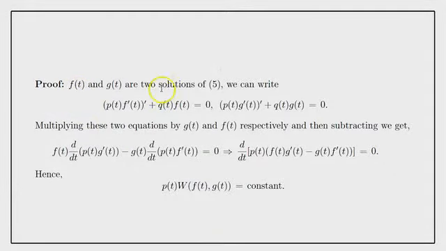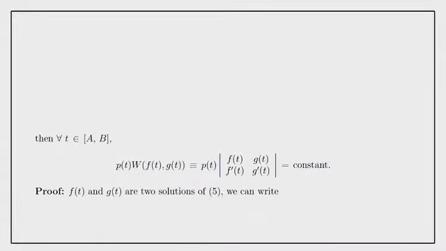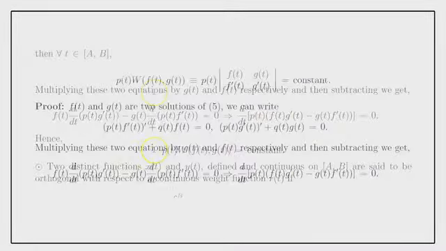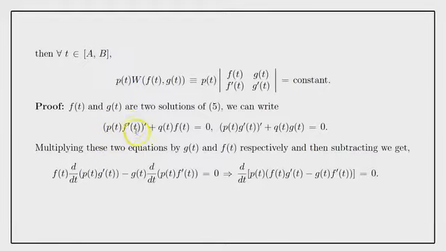ft and gt are two solutions of 5, that means of this equation. Therefore, we can write (pt f dot t) whole dot plus qt ft equal to 0 and (pt g dot t) whole dot plus qt gt equal to 0.